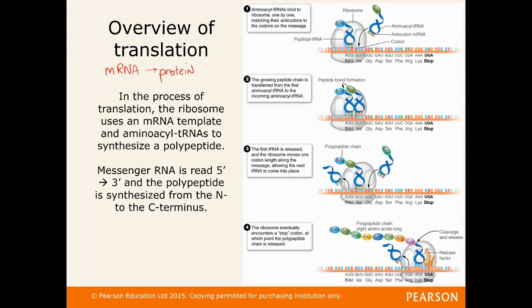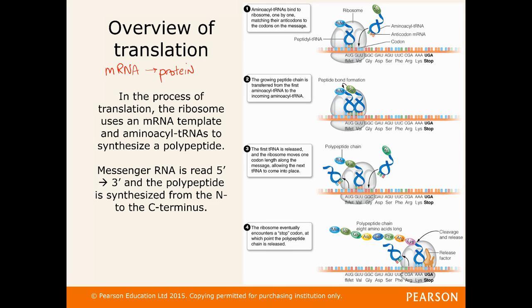Okay, so let's go through the steps. The first step is that the tRNA that has an amino acid on it enters into the ribosome in addition to the messenger RNA that's there, and they have to complement each other.